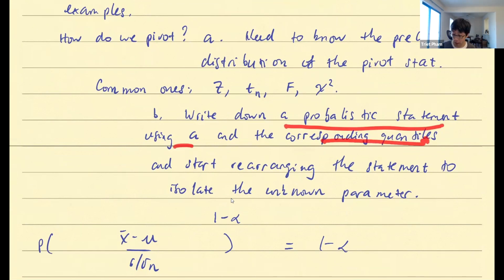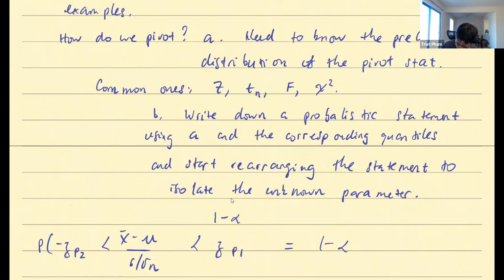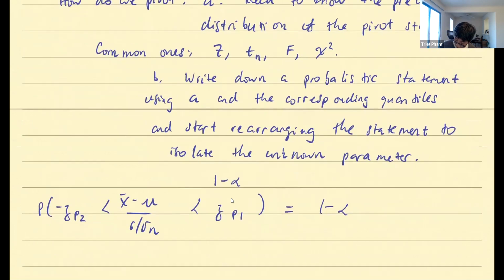Why corresponding quantiles? Because I know my target is 1 minus alpha. Therefore, I need to put something in here, less than, bigger than, whatever, that achieves 1 minus alpha. And you see, the most general statement I can make here is z_p1 less than the pivot less than z_p2. So this is the probabilistic statement I can make.